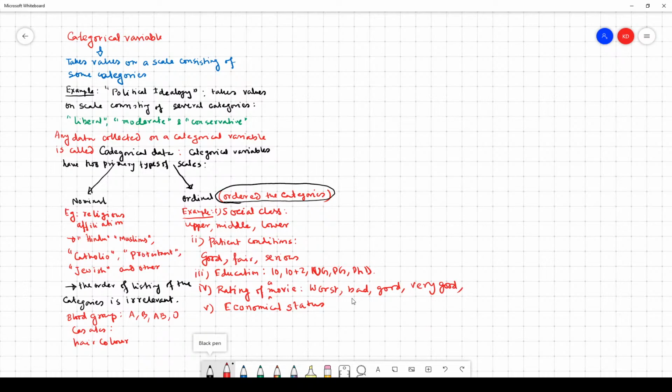So now it is okay. These are the examples of ordinal variables. Now the next point is attribute.